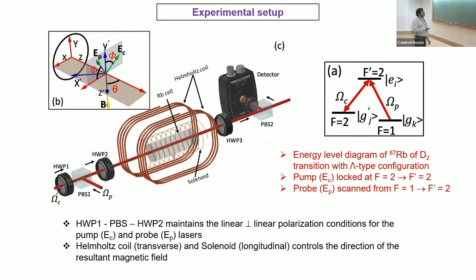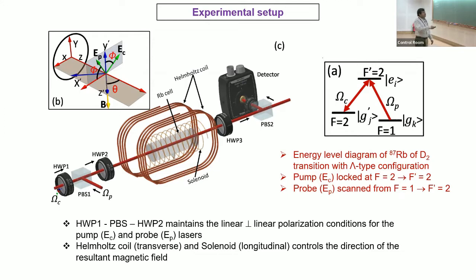And now the other thing is how would you change the quantization axis? So this is the pump, and this is the probe laser. What it means is that by using this half wave plate, PBS, that is polarization beam splitting cube, and another half wave plate, we mix them together, and it maintains perpendicular linear polarization conditions.